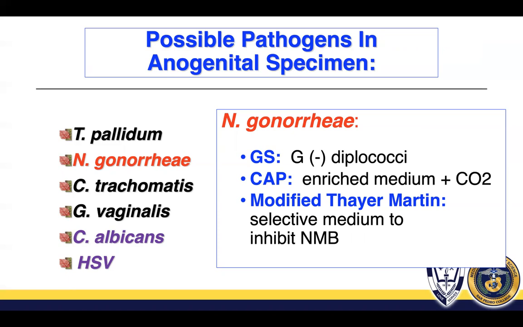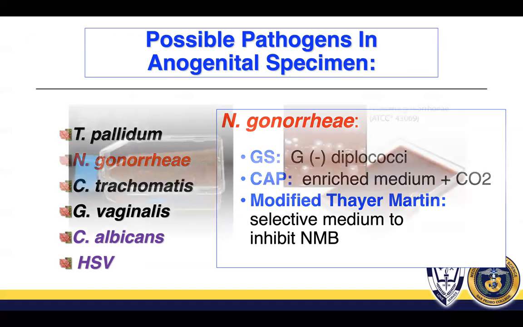They can be cultured on chocolate agar plate, which is an enriched media, and is usually stored in an environment with increased carbon dioxide present. You can also grow them on modified Thayer-Martin media, which is a selective media that can inhibit growth of normal microbiota.